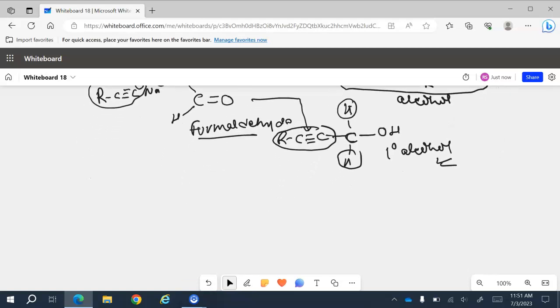Now, if you use an aldehyde other than formaldehyde, say for example, RC double bond OH, so this is another type of aldehyde other than formaldehyde.